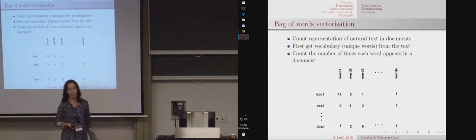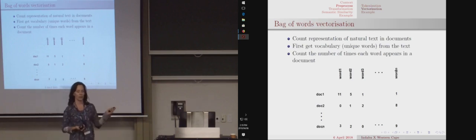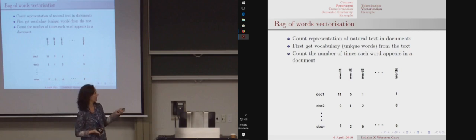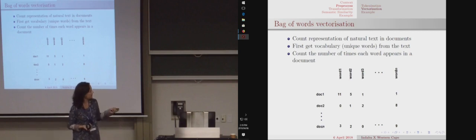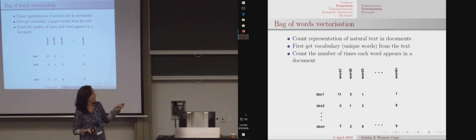Okay, so here we get to the bag of words vectorization. This is how we translate from natural language to a vector. Bag of words is a count representation of natural text. We first get the vocabulary, and then we count the number of times each word appears in the document. The result is a document by word matrix.